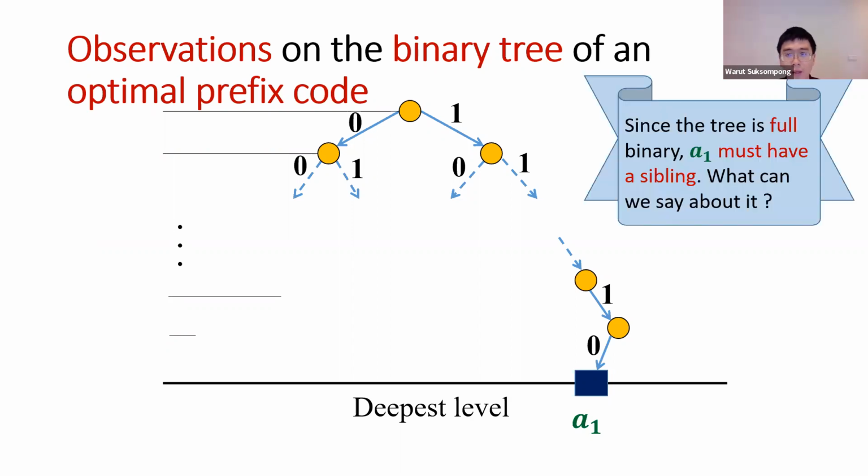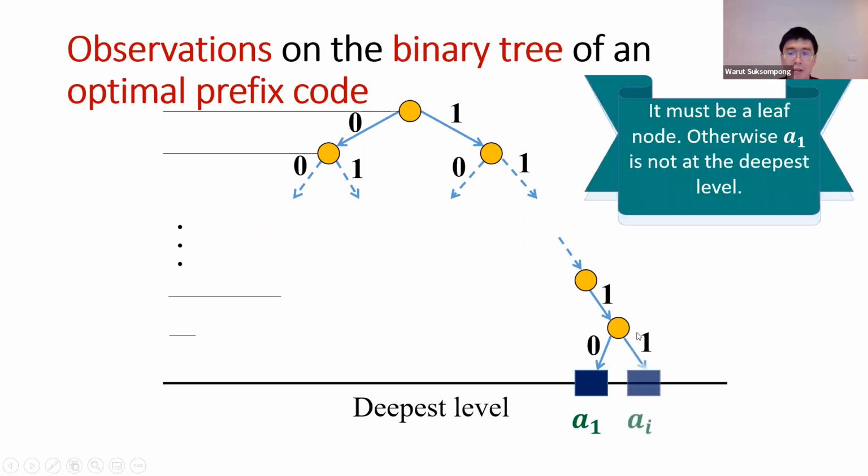The next step: since we know that it's a full binary tree, there can be no internal node with degree 1. Every internal node has to have 2 children. So A1 must have a sibling; the parent of A1 must have another child. Suppose it's some AI.